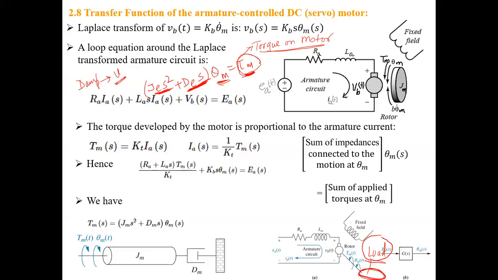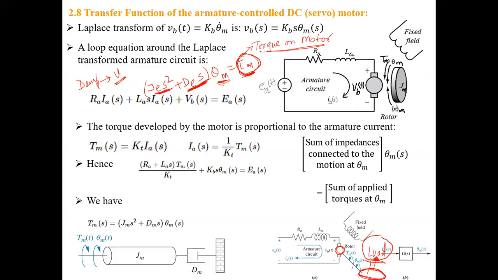What does this TM do? The TM not only moves this rotor, but this also moves the load, right? Do you agree, guys? So this is very critical here. You have to understand this.